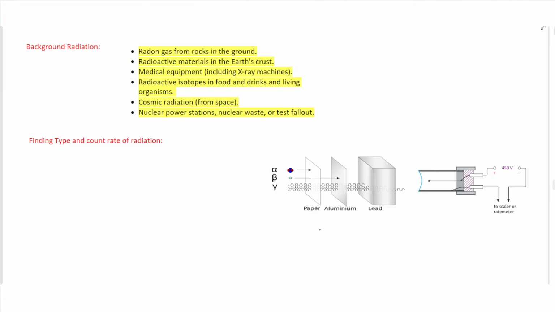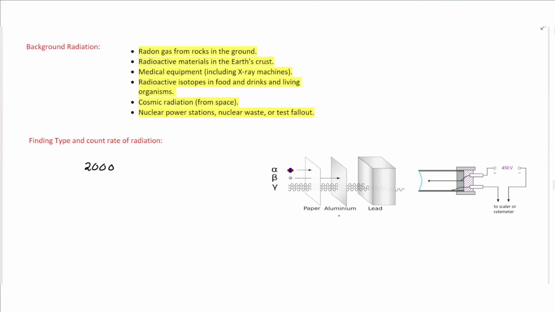For example, if you have a count rate of 2000 counts per second between the source and the detector, and then you add a piece of paper or thin card between the detector and the source of radiation, and suddenly the count rate decreases, that means there were alpha particles in the region and they did not reach the detector when you added the paper or the piece of card. So there are alpha particles present in the radiation. If the number did not decrease by much, then alpha particles are absent. They are not emitted from the source.